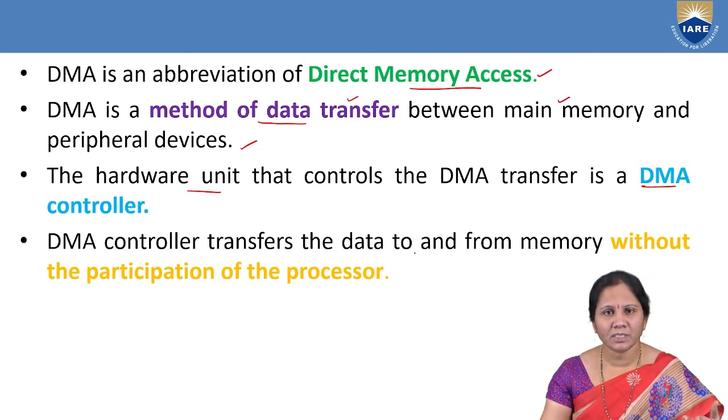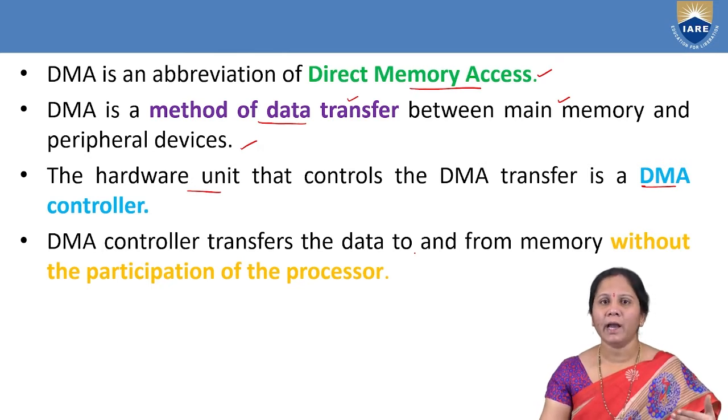Once the system bus is accessed by the DMA controller, then the data transfer can be done between main memory and IO devices without involving the CPU, that is the microprocessor. So that is why it is called Direct Memory Access. IO devices can access the memory directly without involving the microprocessor, with the help of this hardware unit which is called DMA controller.